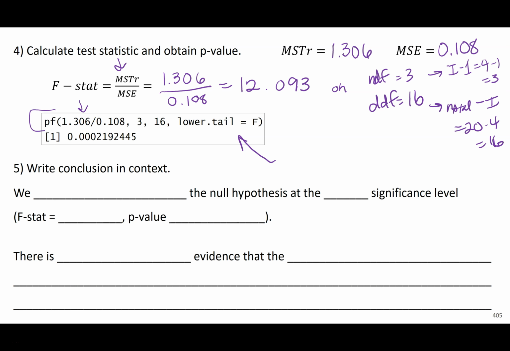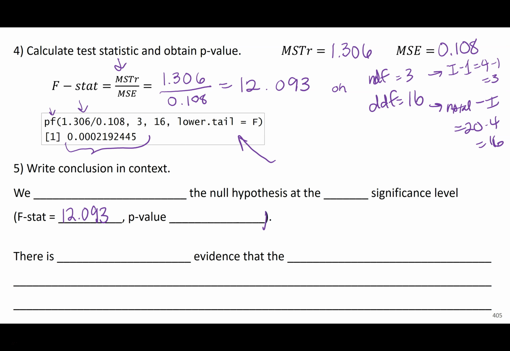So when we throw it in, so pf, so before we did pnorm, then we did pt, now we do pf. Hopefully you see the pattern there. You get a p-value of 0.0002 and some change. It's a pretty small p-value. So my F statistic was 12.093.